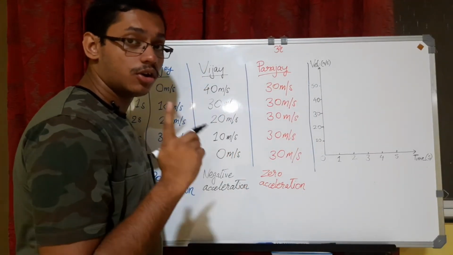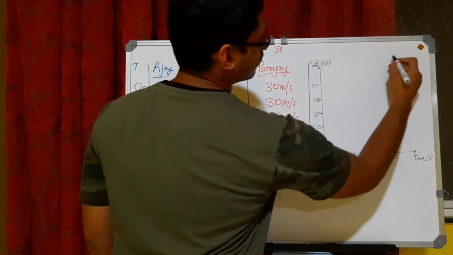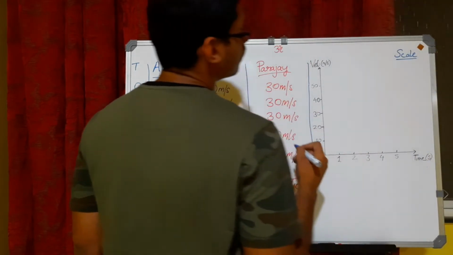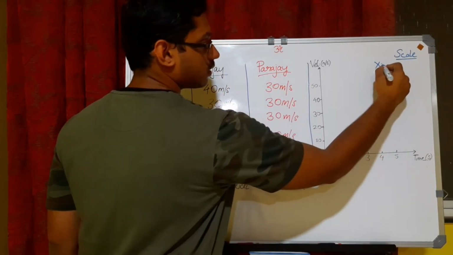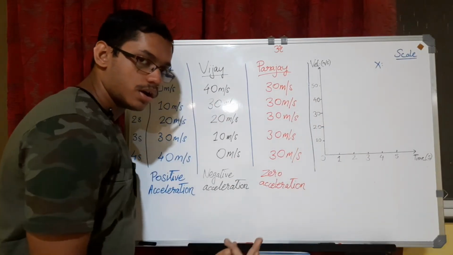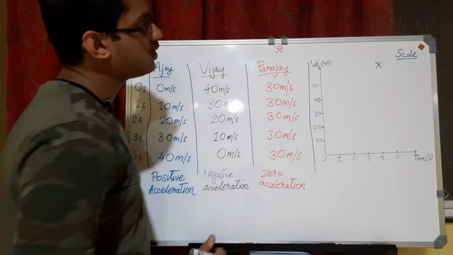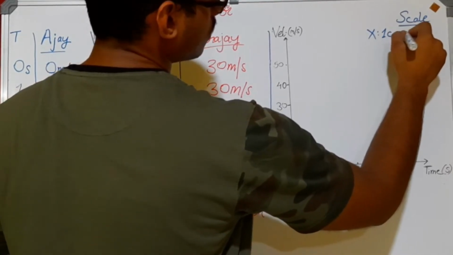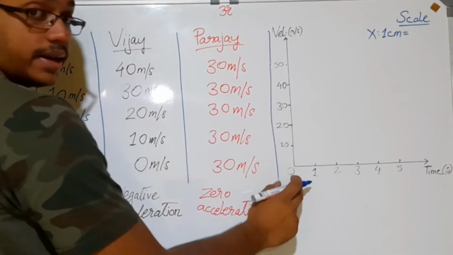Remember always, do not forget to write the scale. What is the scale here? On the x-axis, 1 centimeter in your graph paper is equal to, x-axis is time, so 1 second.